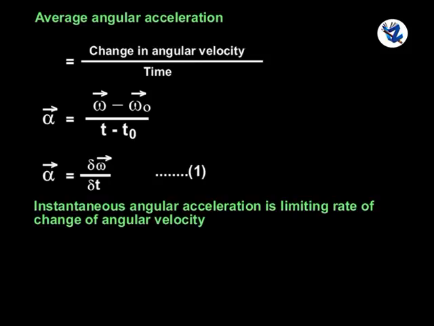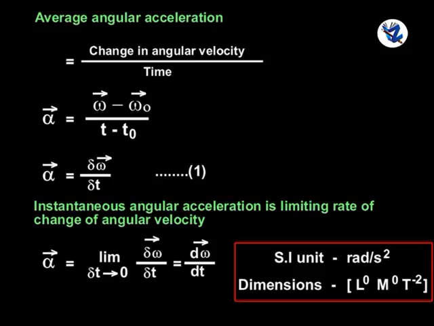Instantaneous angular acceleration is the limiting rate of change of angular velocity. So alpha bar is equal to limit delta t tends to 0 of delta omega bar upon delta t, which is equal to d omega bar upon dt. The SI unit of angular acceleration is radian per s square and the dimensions are L0, M0, T minus 2.